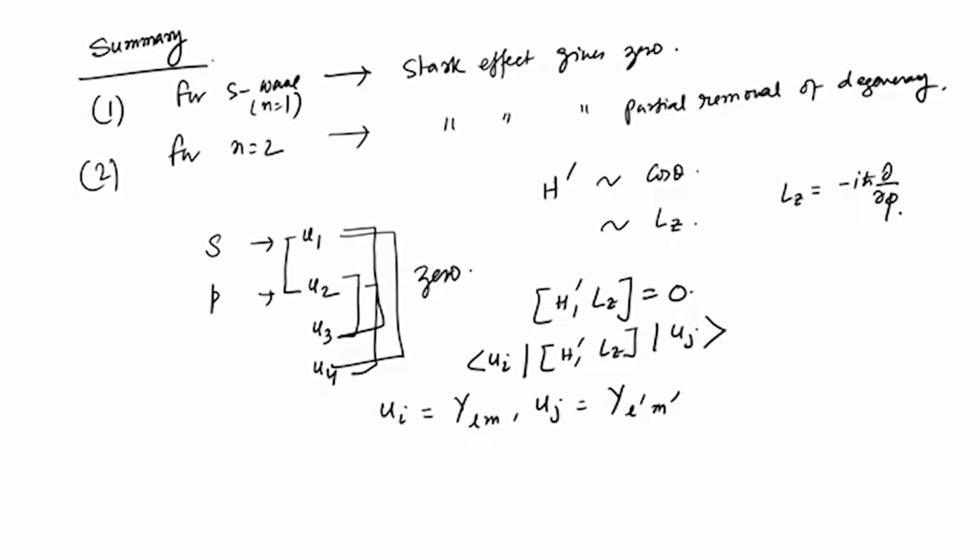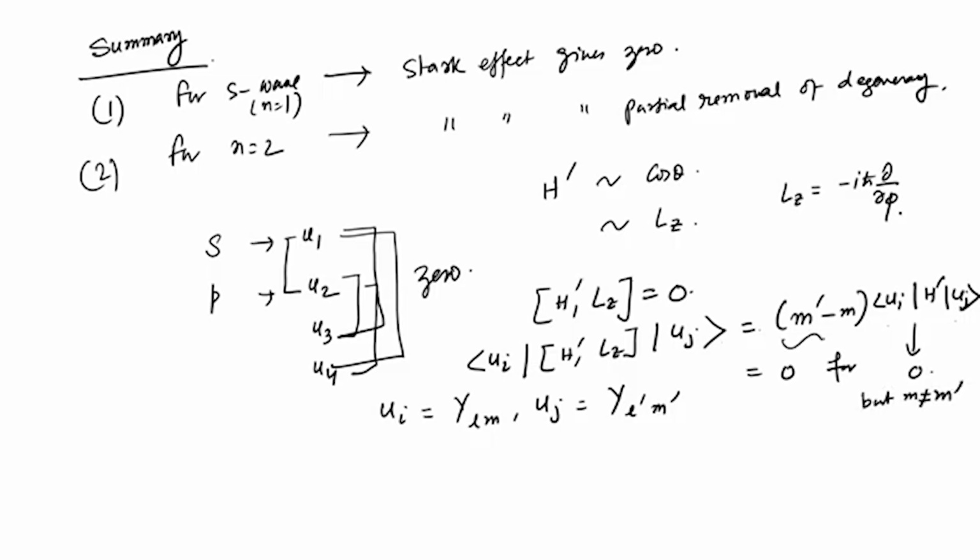So, these things will become equal to M prime minus M times Ui H prime Uj. Now, this is equal to 0 when M is not equal to M prime, that is one of them.